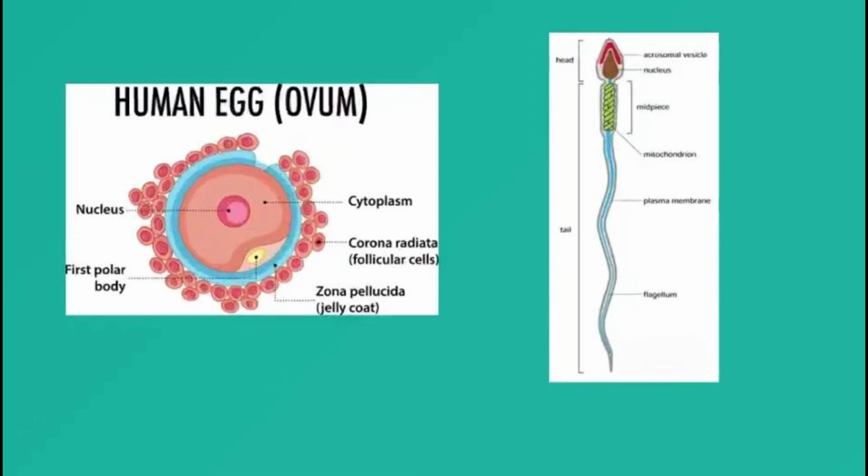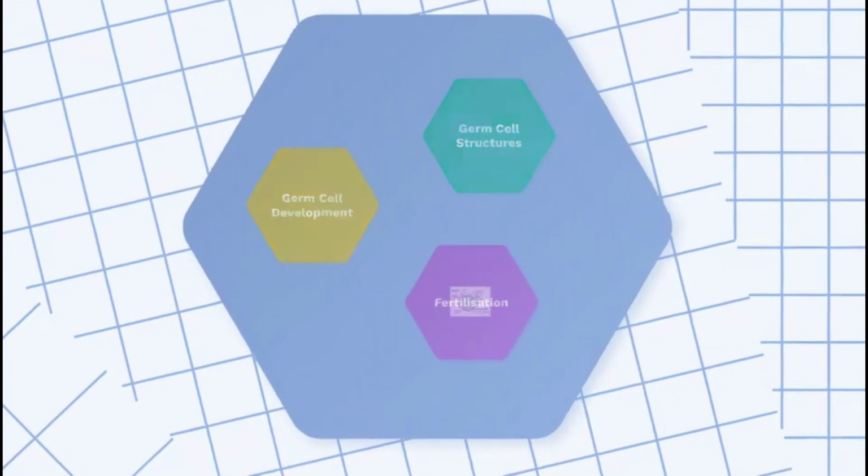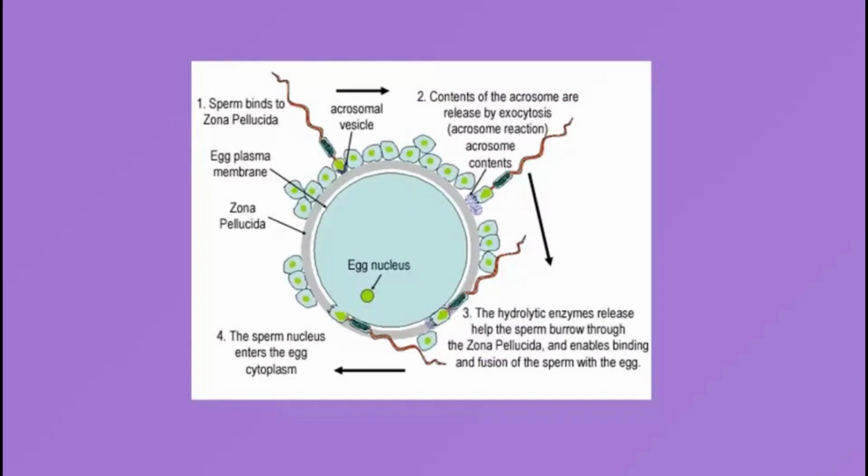So now let's talk about fertilization, how those two structures come together, and how these structures help them function within fertilization. Number one, the sperm head contacts the zona pellucida and the acrosome reaction occurs. Remember, the acrosome is the space where there are digestive enzymes which can break down that barrier around the ovum.